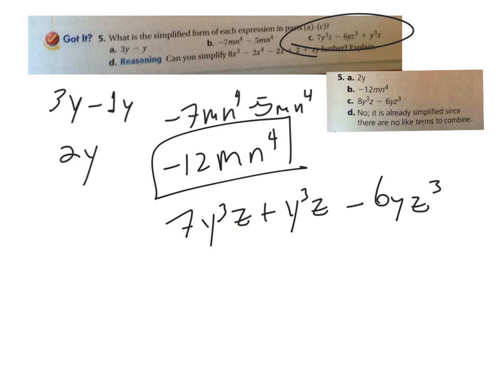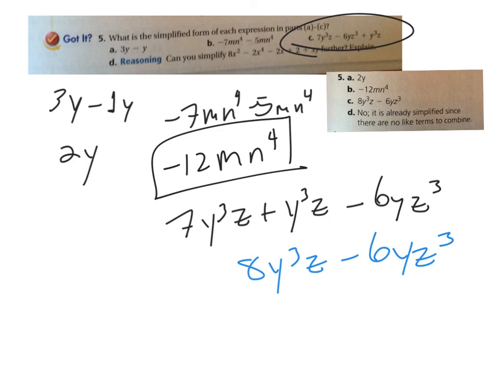Now I can see I've got my like terms next to each other. So we're going to have 7 plus 1 is 8y cubed z minus 6yz cubed. And again, these have the same variable but not the same power, so you're done. You can't do any more combining right here.